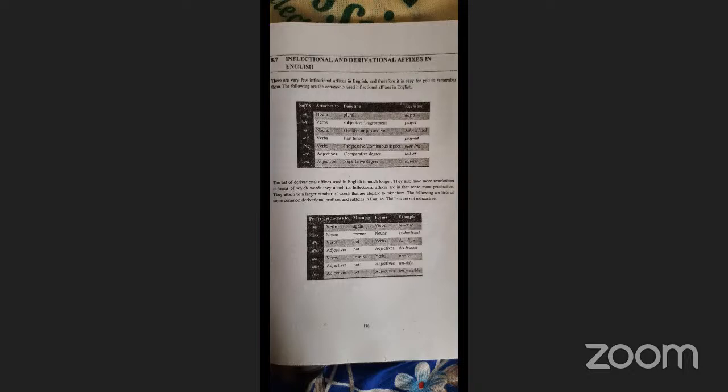Don't get confused. In English, this problem is there. Words can act as a noun as well as a verb. So there are many words which can act as both noun and verb based on where and how they are used in a sentence, right?